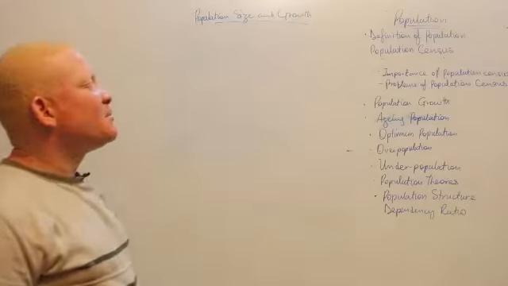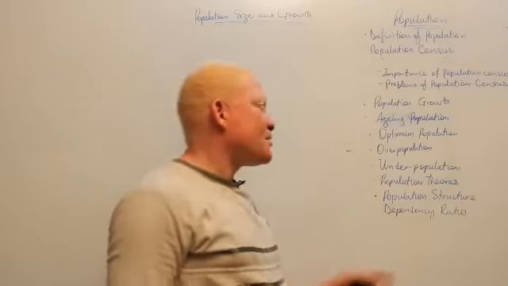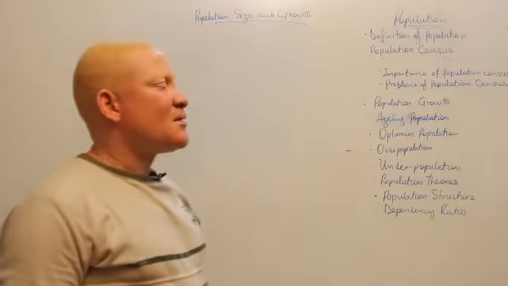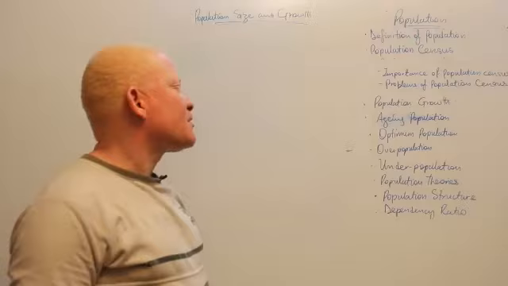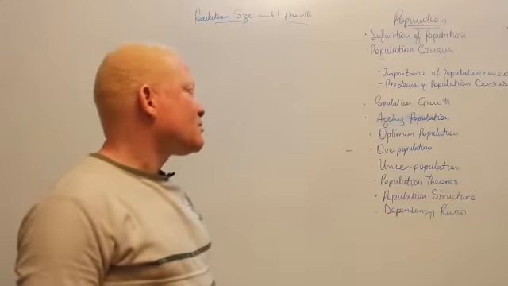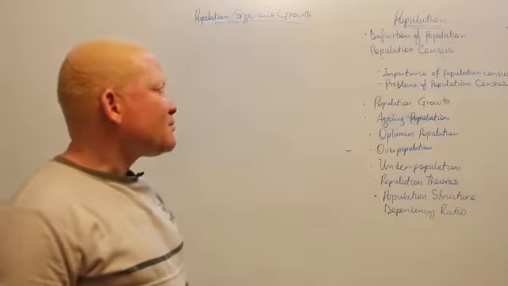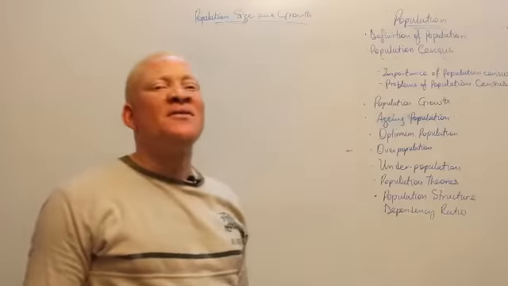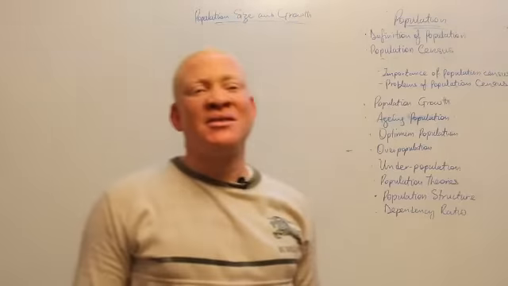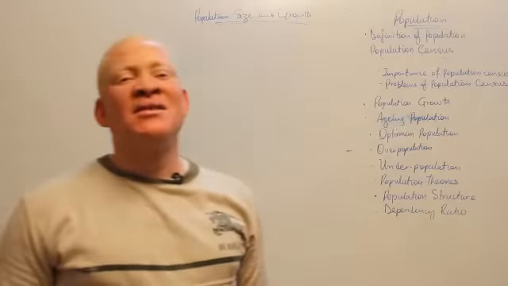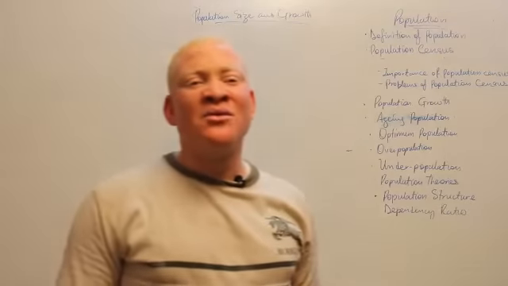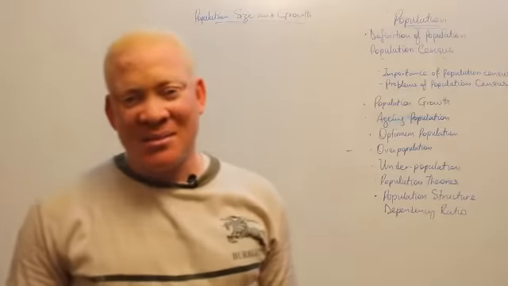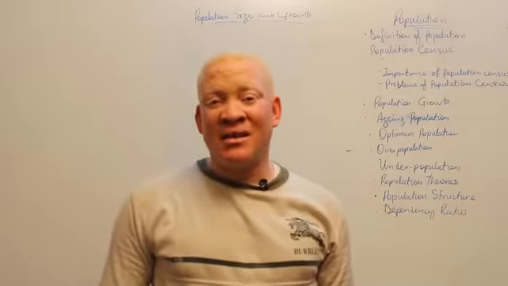But by the time we talk about population growth, population growth is defined as the rate of increase or the percentage increase in the size of the population measured over a period of time, usually in a year.